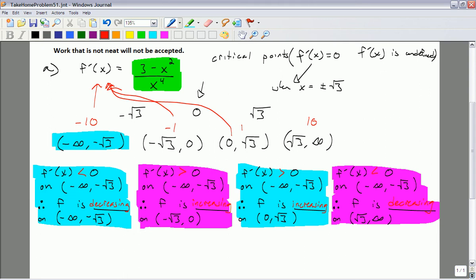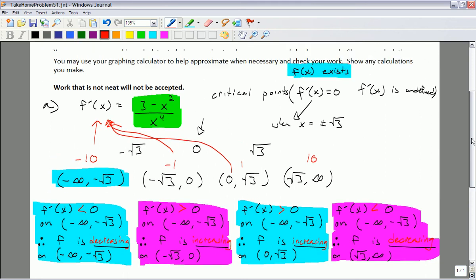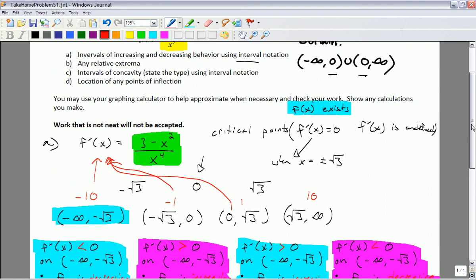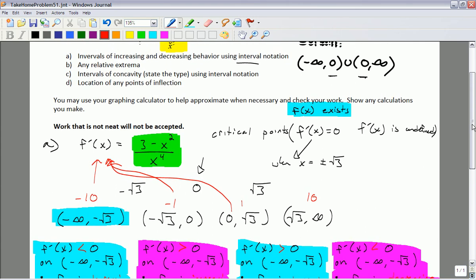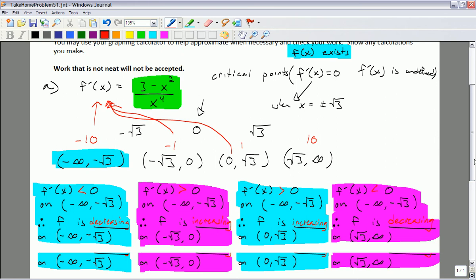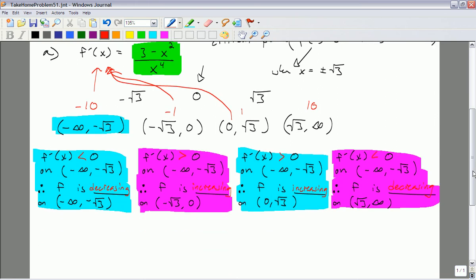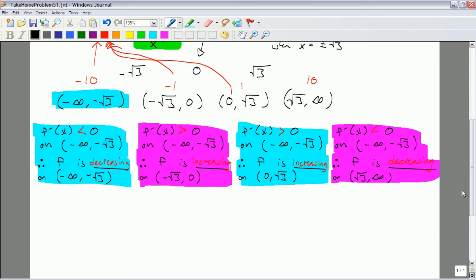Okay, so you have answered the prompt for A. You have identified which intervals f is increasing on and which intervals f is decreasing on. And then B says any relative extrema. Relative extreme values are just relative high points and relative low points.